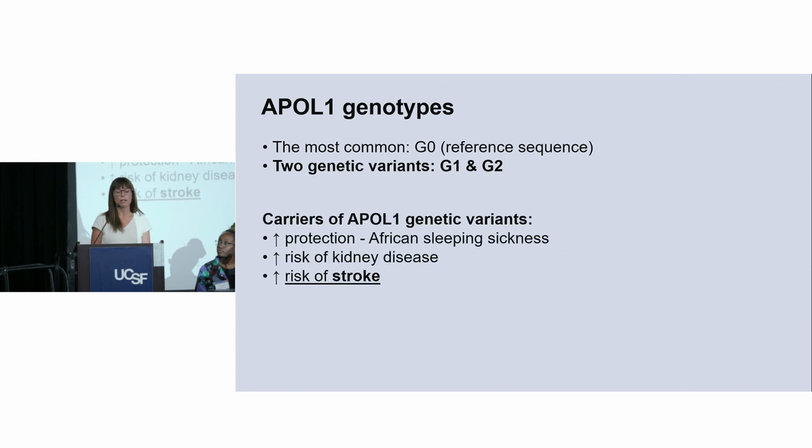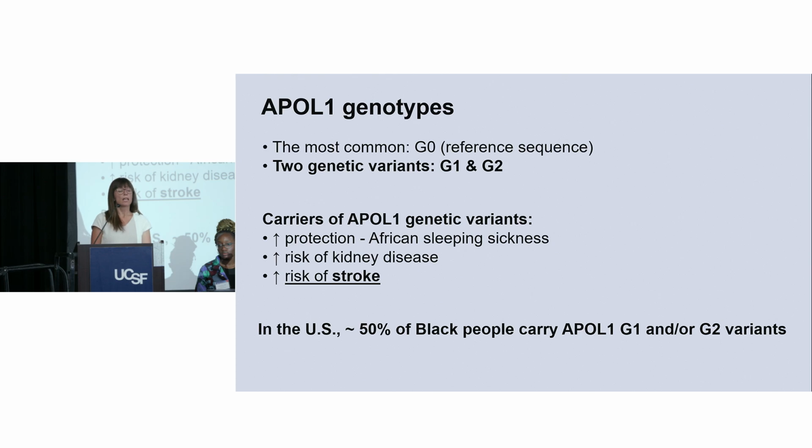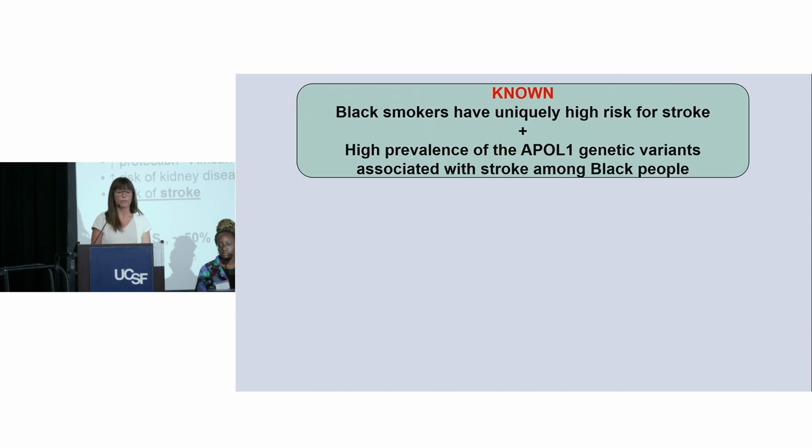If you are a carrier of these genetic variants, you have extended protection against African sleeping sickness, but you also have higher risk of kidney disease, and several studies found that you may also have a higher risk of stroke. And now you wonder who are the carriers of these genetic variants. In the United States, roughly 50% of Black people carry these variants, while in other races, it's very, very rare.